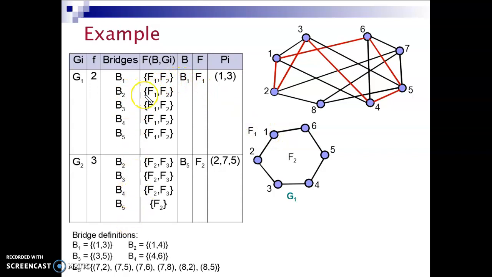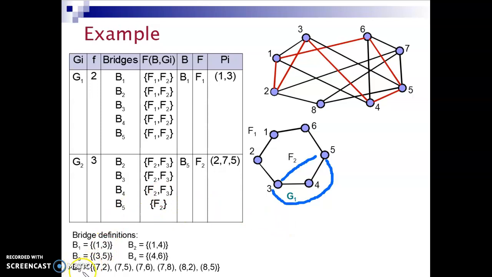For B2, and actually for all other bridges, we will do the same thing. We will check which faces are feasible for this bridge. For B3, for example, it's an edge between 3 and 5. It's just a single edge. We can draw it here or from outside.